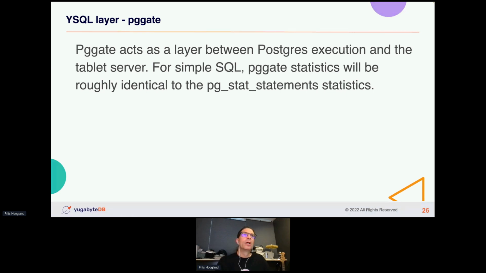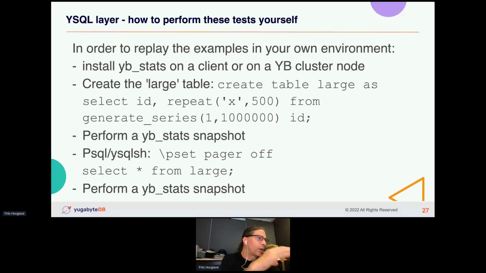Now I'm going to try to dive into the different layers. And I do not expect you to soak this all up and be able to reproduce it. What I urge you to do, if you're using Yugabyte, want to use Yugabyte, or want to learn about Yugabyte, is to install Yugabyte on a replication factor 3 cluster, or use a preset of one or whatever, which is idle, so you can perform your test.